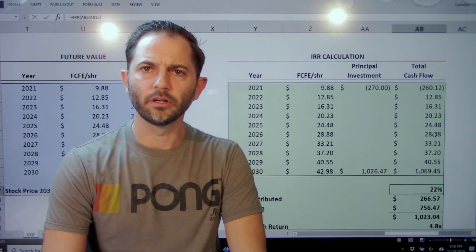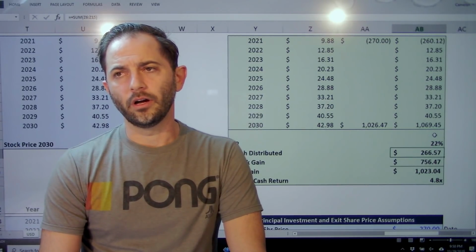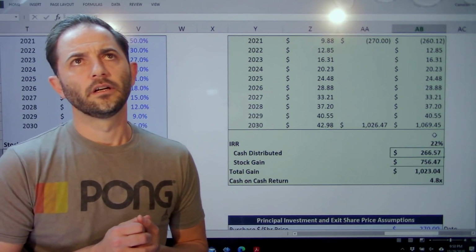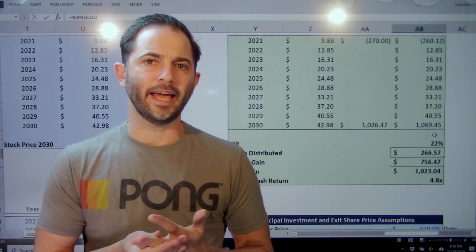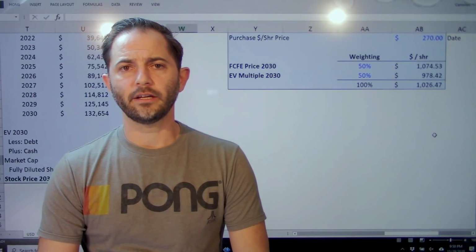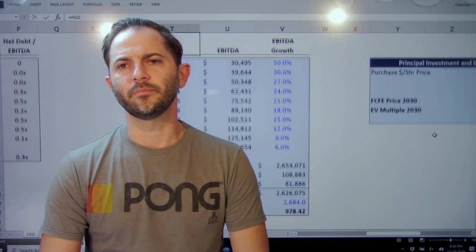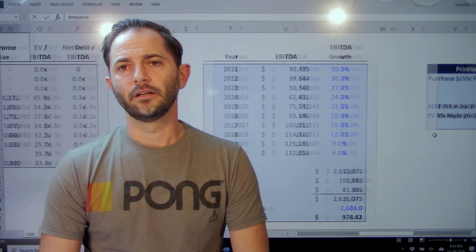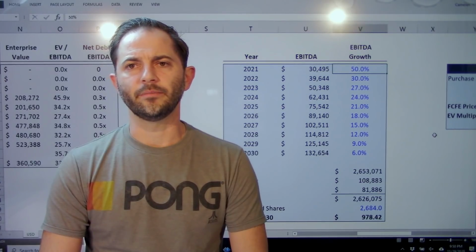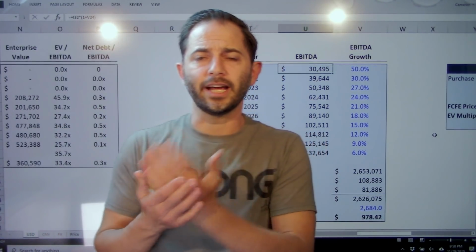It's a robust number. It's very strong, and I think that it reflects the market opportunity that they have that they're capturing. You obviously need to believe in this forecast for this number to come true. It is absolutely dependent, mainly, on this next year EBITDA target of $30 billion. A 50% growth for next year is huge.